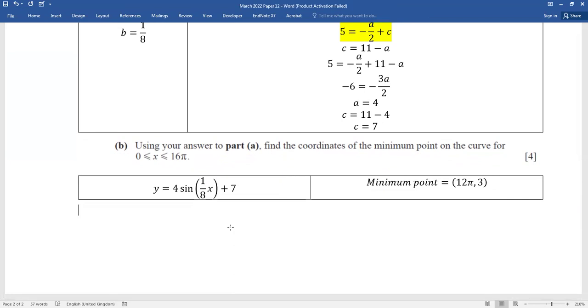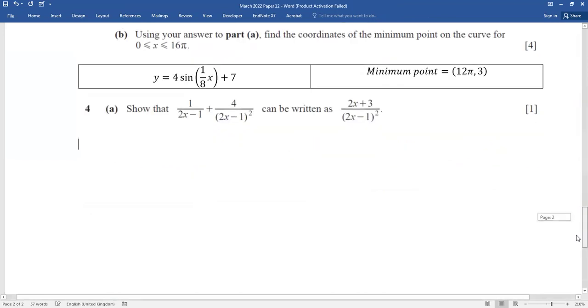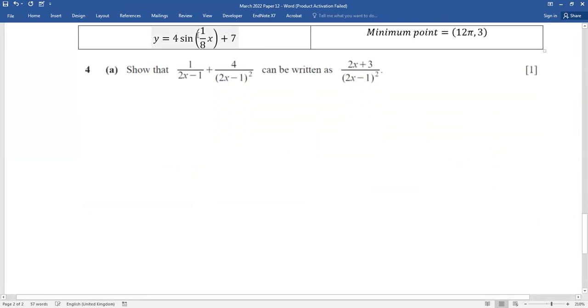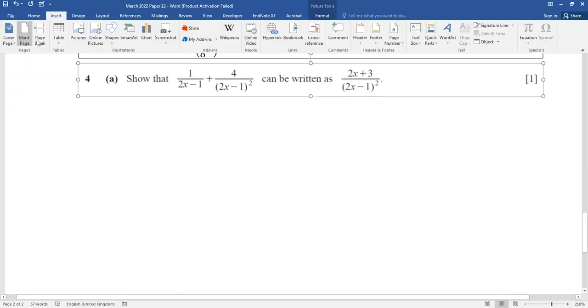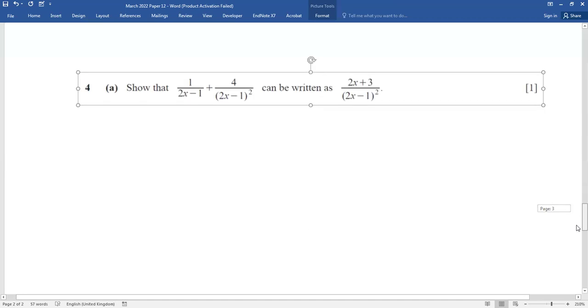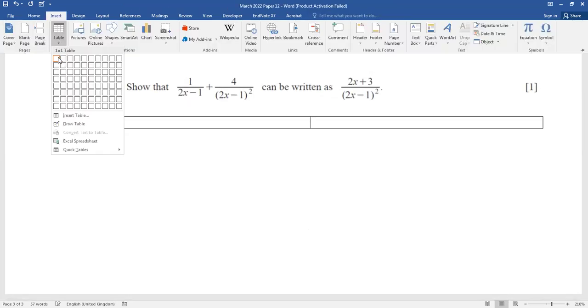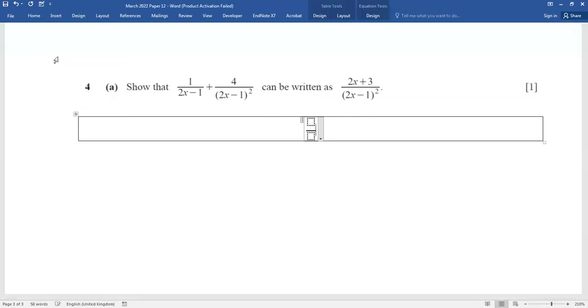Okay, for this one as well, partial fractions. Show that these two fractions can be written as a single fraction like this. Yes, what will we do in this one? The question is asking me to show that these two fractions can be written as one. Simply take an LCM.